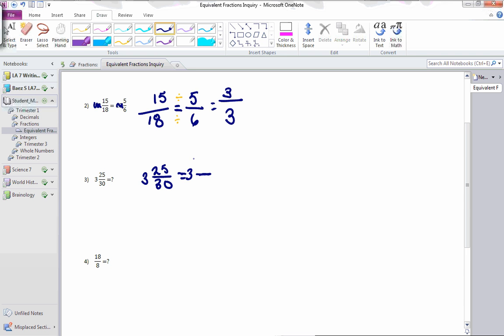So now you would do 25 divided by 5 and 30 divided by 5. 25 divided by 5 equals 5. And 30 divided by 5 equals 6. So that would be your answer. 3 and 5 sixths.